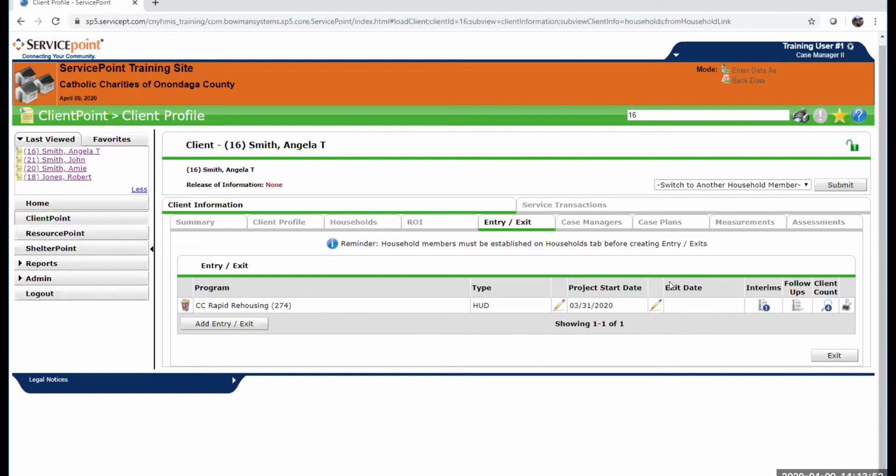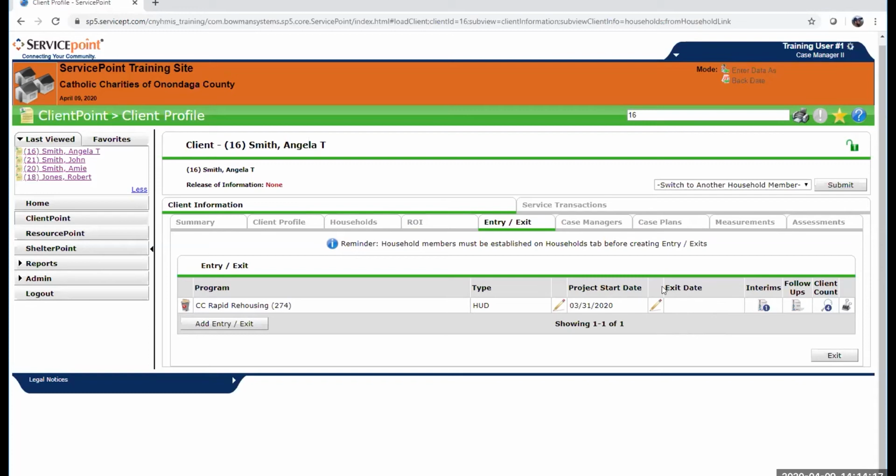Homelessness prevention projects are going to use ClientPoint. Street outreach is going to use ClientPoint, as well as other services only projects like PATH or other case management projects. If you're an emergency shelter or permanent supportive housing, you should be using ShelterPoint. We also have a video about exiting people from ShelterPoint. I suggest you watch that instead.